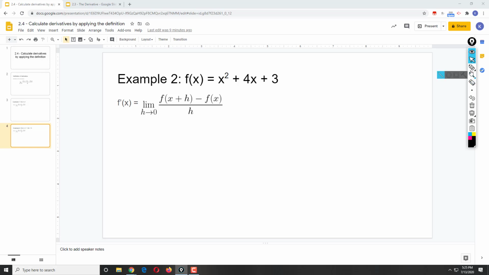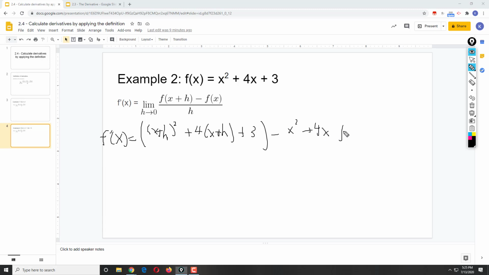Alright, so the derivative by applying the definition has to be x plus h squared plus 4 times x plus h plus 3, minus f of x, which is x squared plus 4x plus 3, over h.